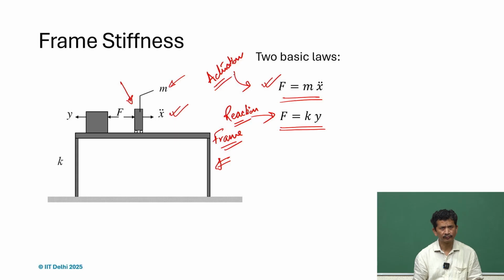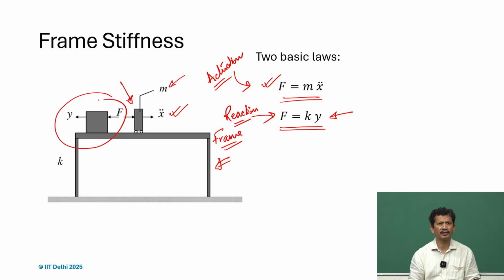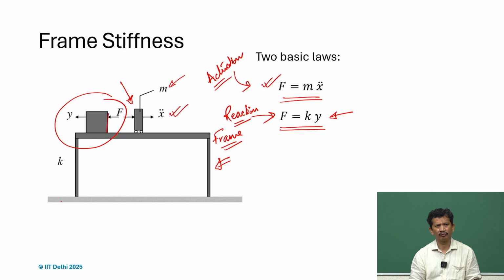provided by the motor. But we realize that this reaction force, if we concentrate on this part, this block, which we can say is a motor taking the load, is supported on that block.